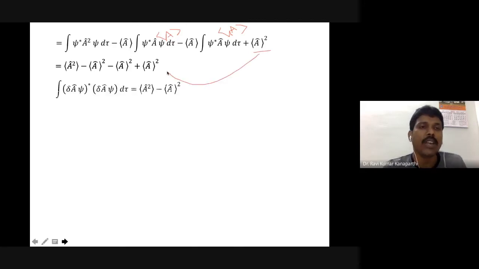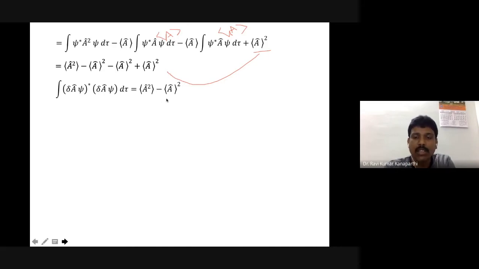So if you simplify this, the integral of delta A psi star delta A psi d tau is equal to the expectation value of the square of the operator minus expectation value of A, squared. That is the quantity that we can get. Now, what is this?